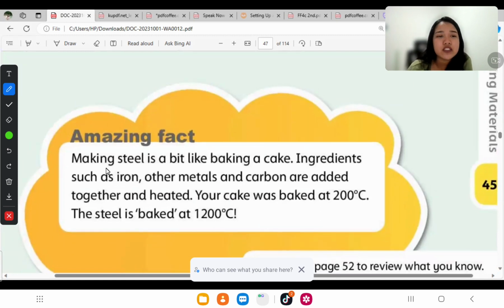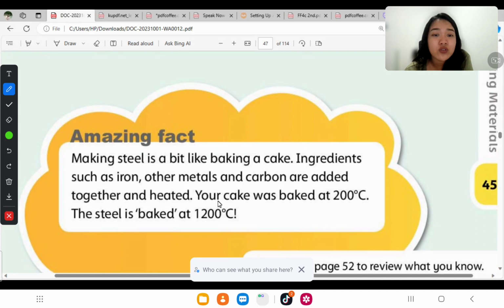Making steel is a bit like baking a cake. Ingredients like iron, other metals, and carbon are added together and heated.